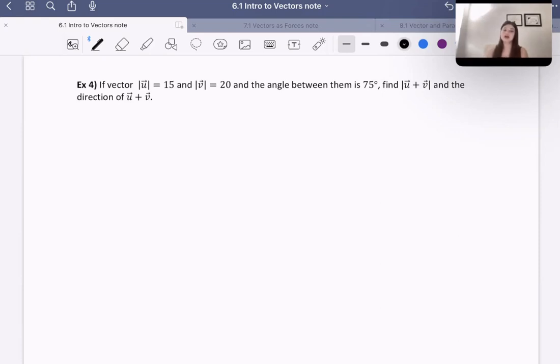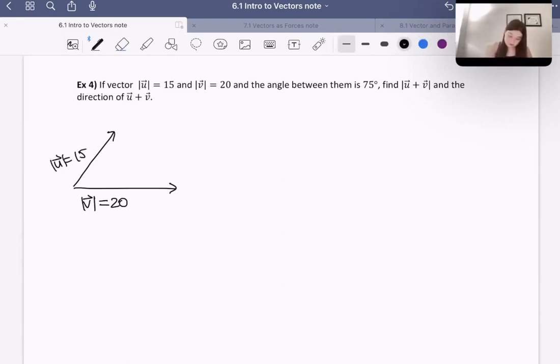So first, I'm going to write these vectors. So here is our u vector, and keep in mind the magnitude is 15. And then here is our v vector, where the magnitude is 20. Okay.